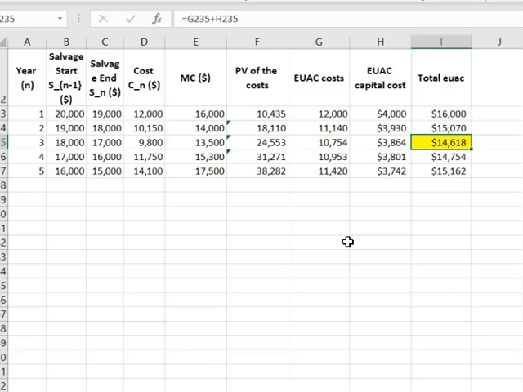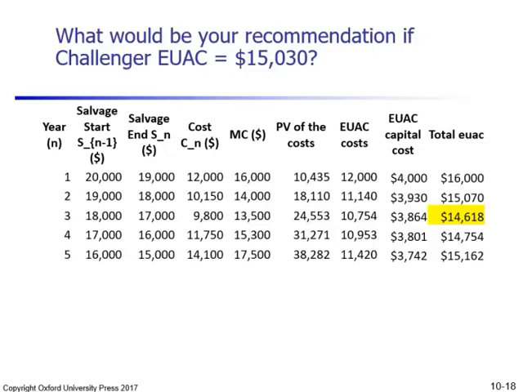And still we are not done with the example. Now we just calculated the minimum cost life. What would be your recommendation if Challenger EUAC is equal to $15,030?